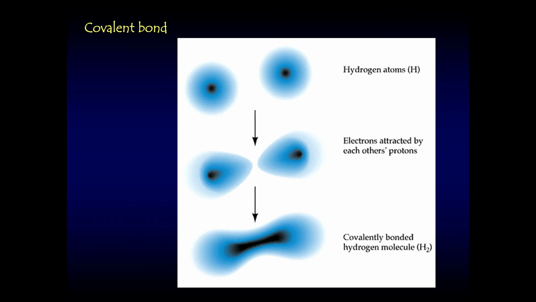They come together, and the electrons get shared in the middle, and the 2 protons get attracted to this negative electron sharing zone. The hydrogen on the left has 1 electron, the one on the right 1 electron. If they're sharing electrons, they're coming together. So now we have a hydrogen molecule with 2 hydrogen atoms.